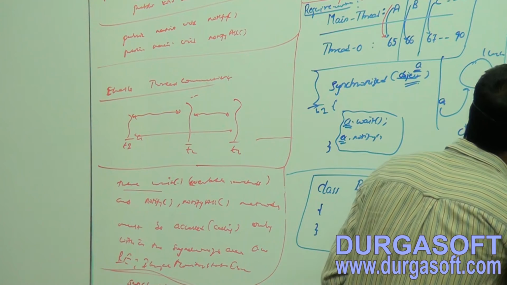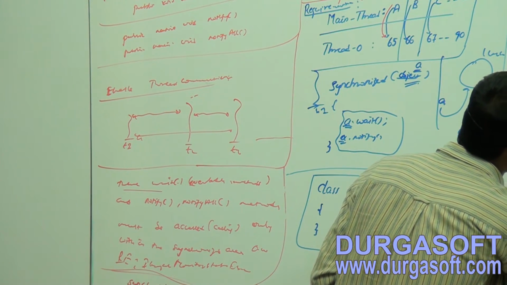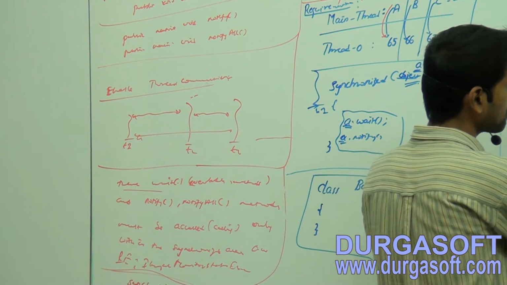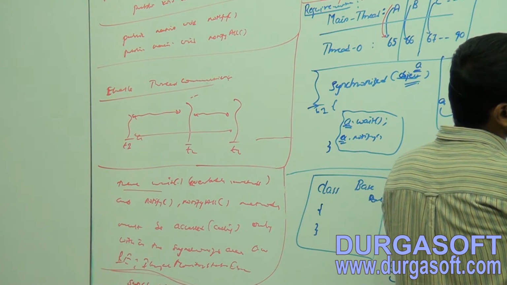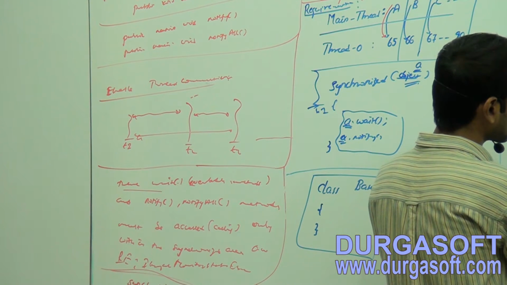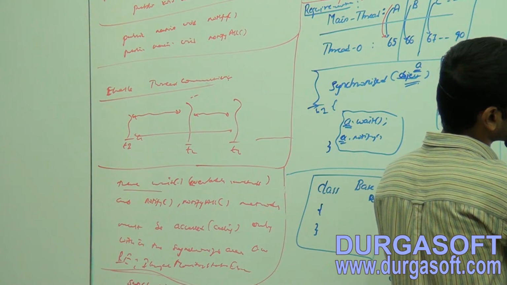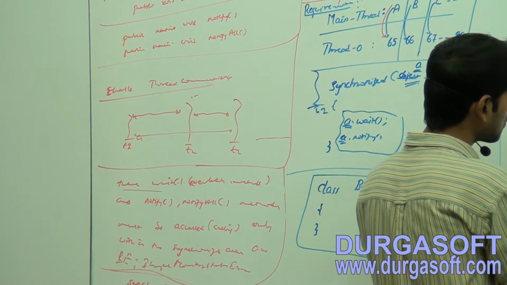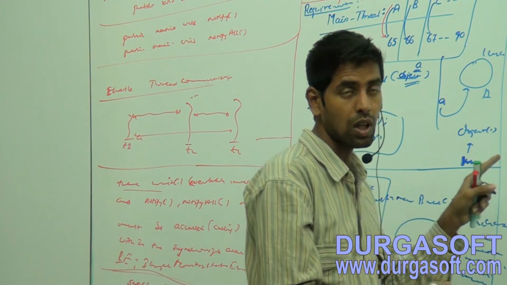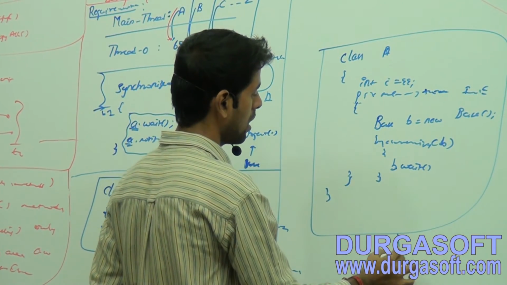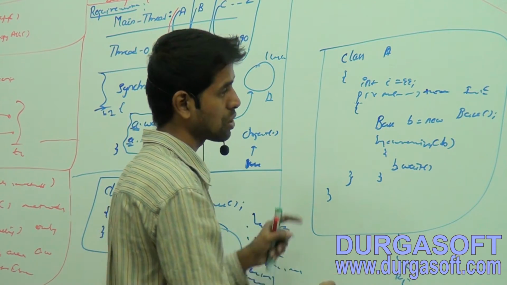Now can I call the b.wait method? Yes, it is strictly a valid thing. It throws a checked exception, so put throws InterruptedException, that's it, and put one synchronized block, no issues, synchronized of b. Now this will get executed without any compile time error or runtime exception.